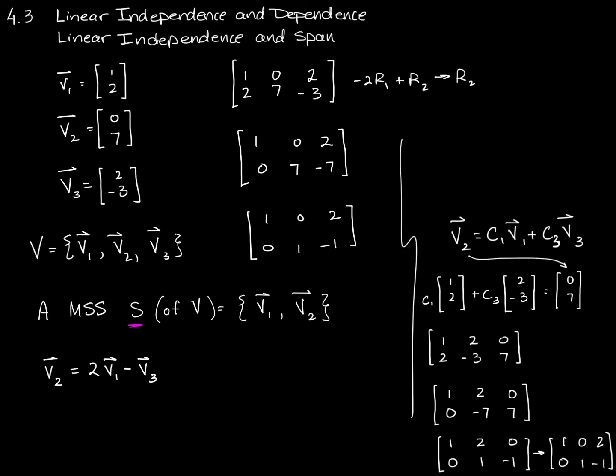My only point in showing you that is to indicate that in doing this matrix arithmetic, I have found a minimal spanning set, vectors 1 and 2, but it's not the only one. If we call the first one S, we call this other one S prime. Another minimal spanning set of the set of vectors V is the vectors V1 and V3.